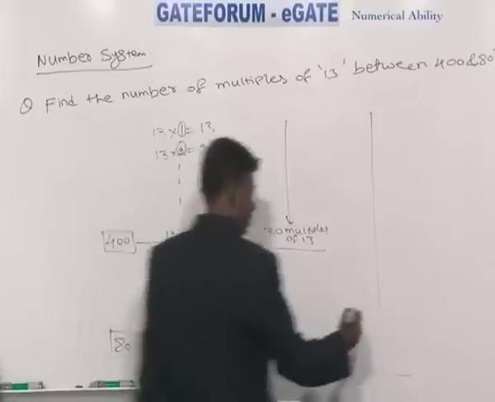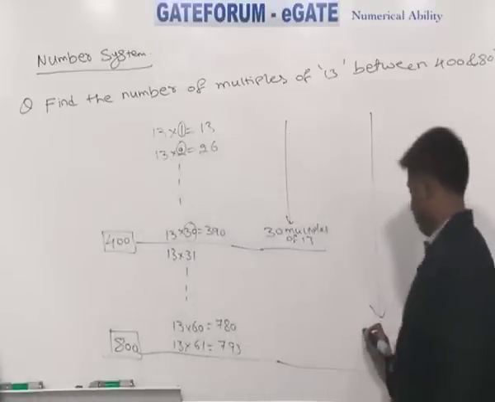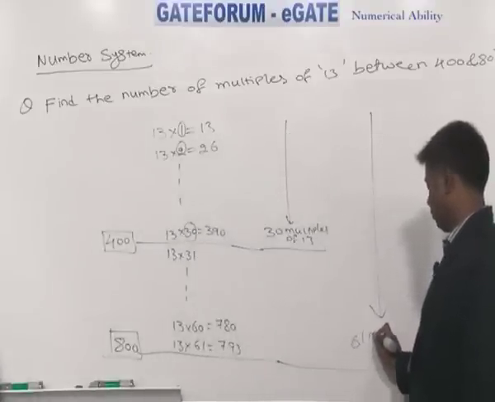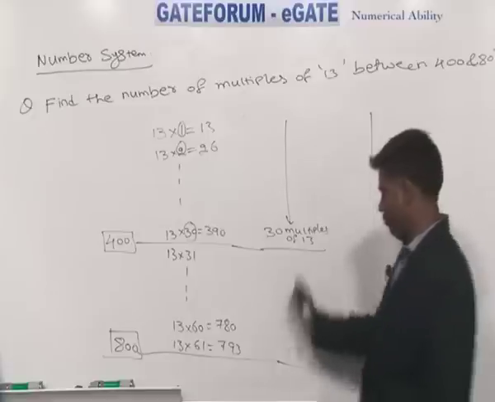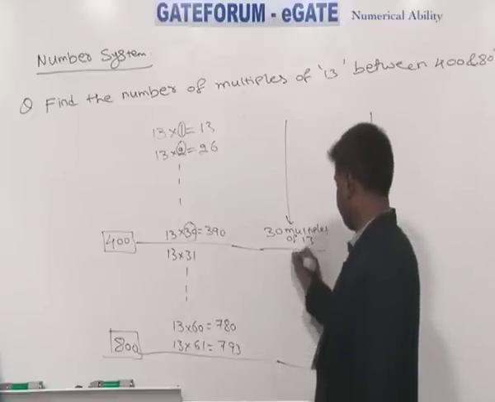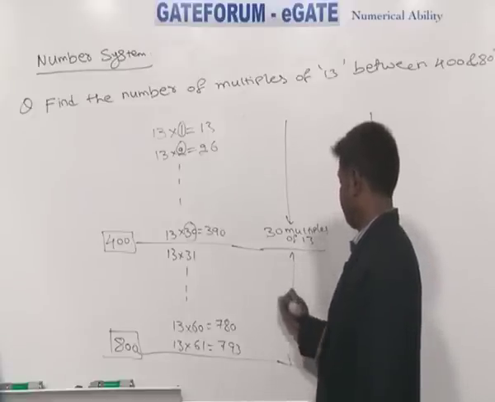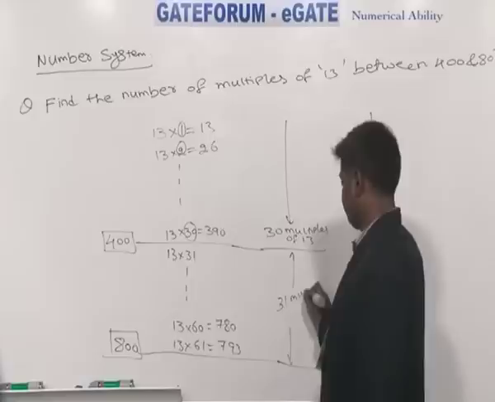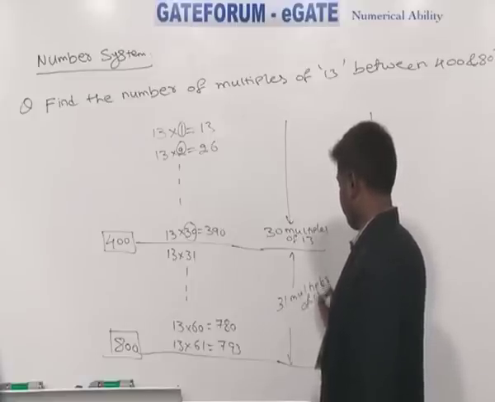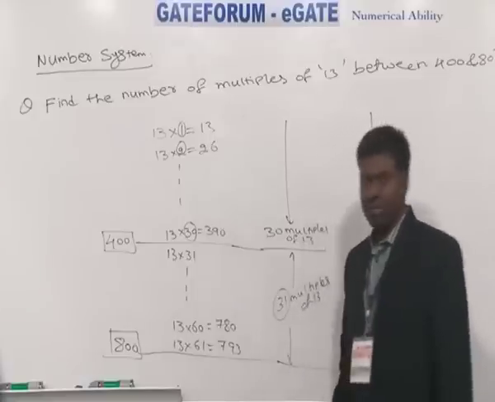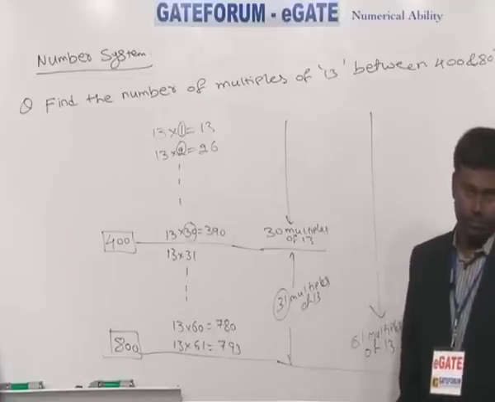Less than 800, you have 61 multiples of 13. So between 400 and 800, how many are there? 31 multiples. So the answer is 31.